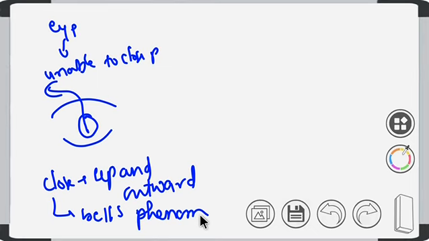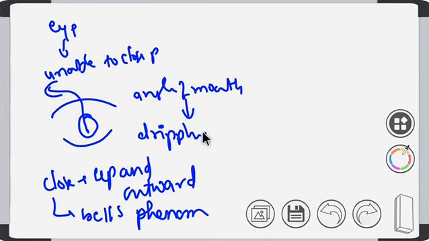Clear? And if you look at the angle of the mouth, you will see dripping of saliva. Clear? So these are the important signs and symptoms.